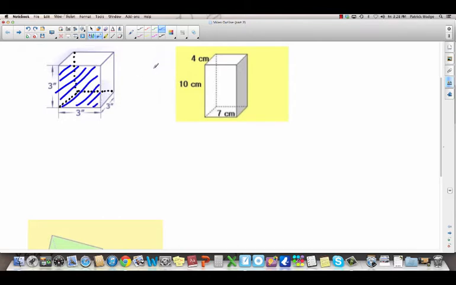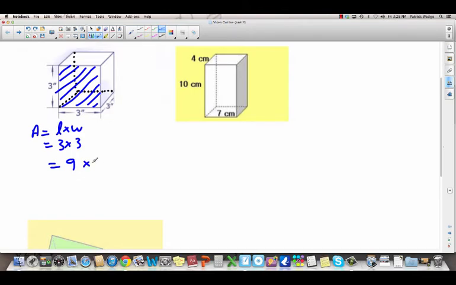Okay, so what we want to do is get the area of that face. Well, that's a square. What's the formula for the area of a square? Length times width. The length and width of this square are 3 by 3. So the area is 9. Now, how many faces are that size? They're all that size in a cube. So what are we going to do with the 9?